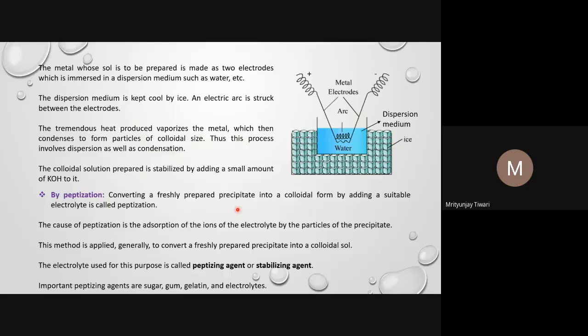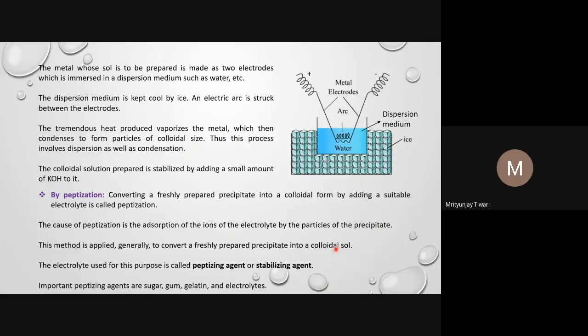is called peptidation. The cause of peptidation is the adsorption of ions of the electrolyte by particles of the precipitate. This method is applied generally to convert a freshly prepared precipitate into a colloidal sol. The electrolyte used for this purpose is called peptizing agent or stabilizing agent.